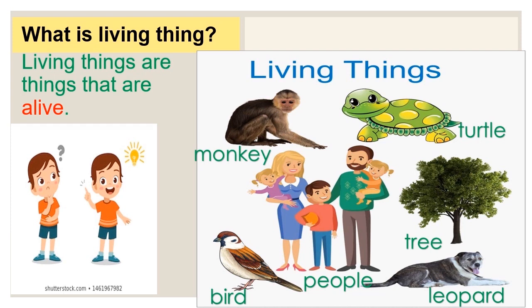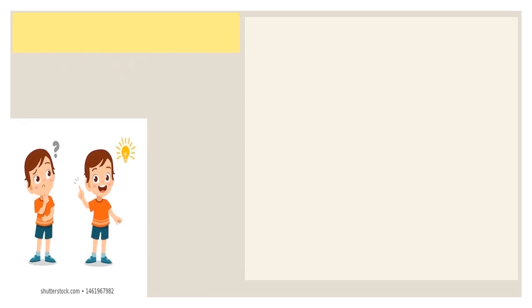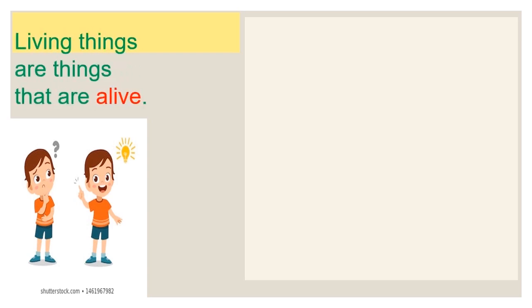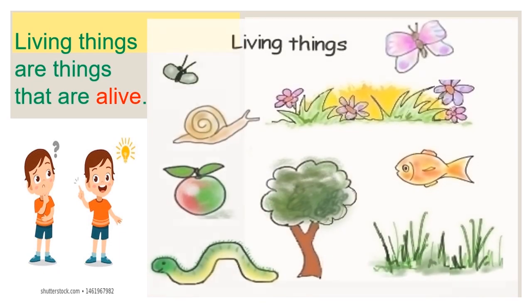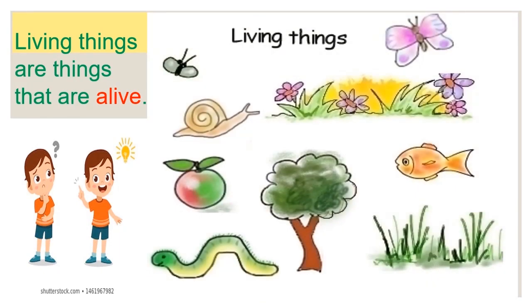Let's look at some more examples of living things. There are so many. Just look around and you will see examples of living things. Here we go: butterfly, fish, plants, trees, snakes, and so many more examples of living things.